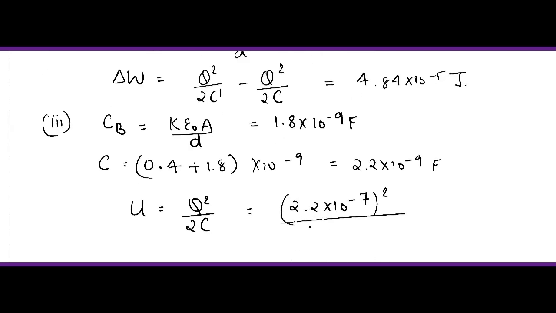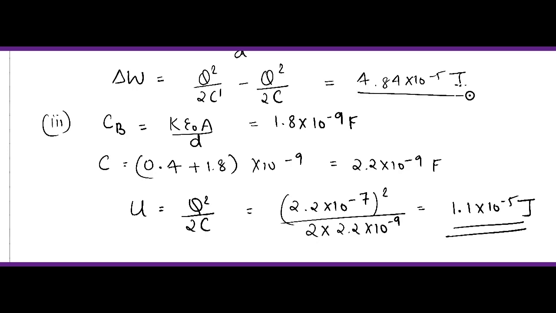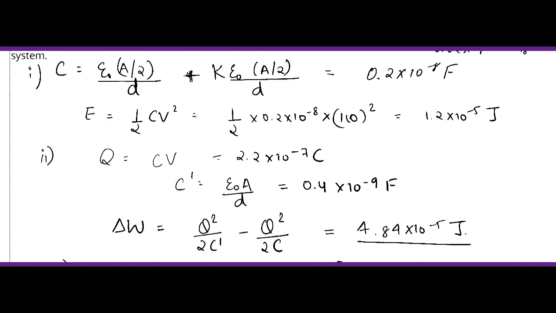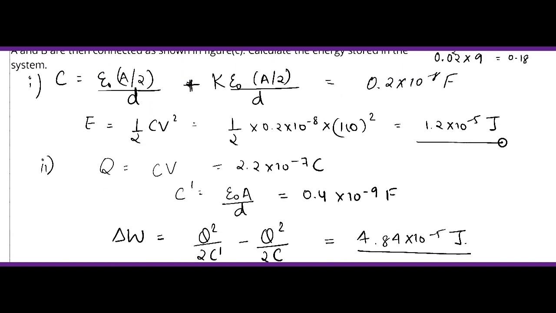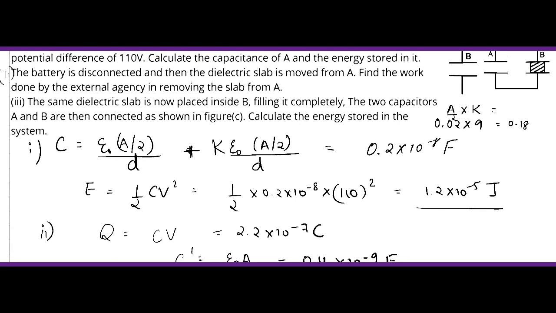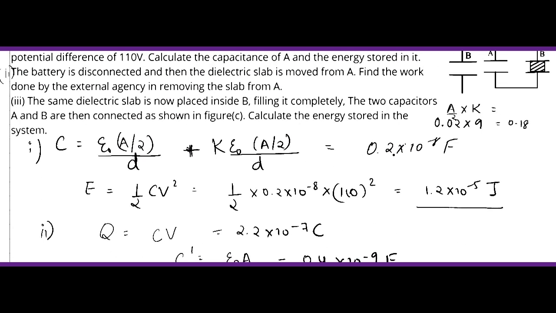So Q square, that is 2.2 into 10 to the power minus 7 the whole square, by 2 into C, that is 2.2 into 10 to the power minus 9. This turns out to be 1.1 into 10 to the power minus 5 joules. This is the energy for the third answer, this is the work done, and this is the energy stored and the capacitance of A. Thank you.